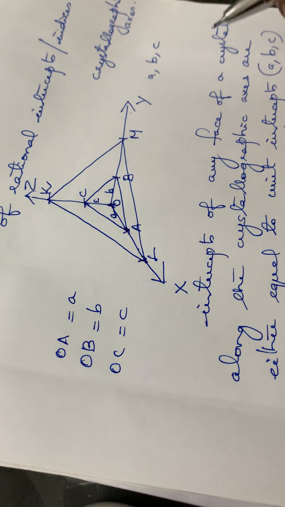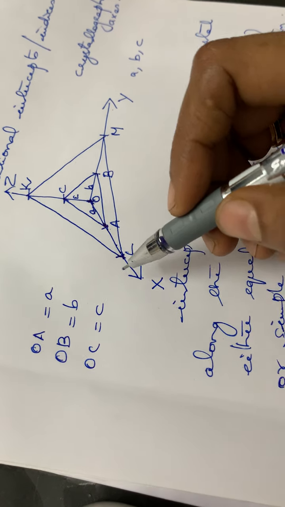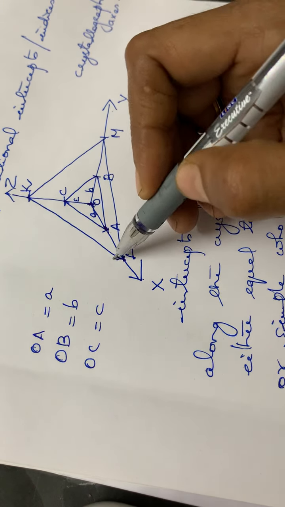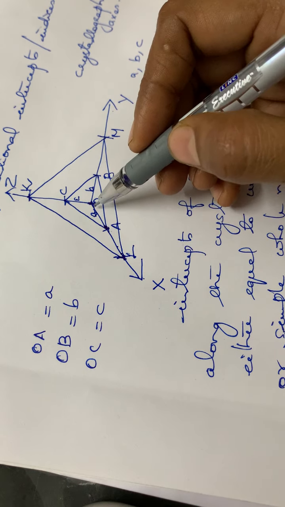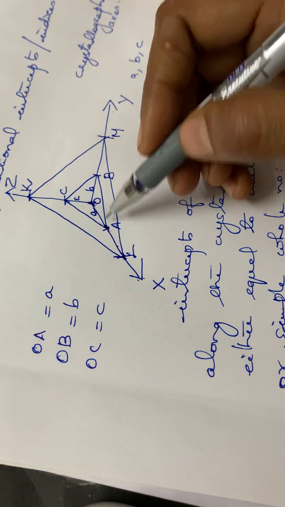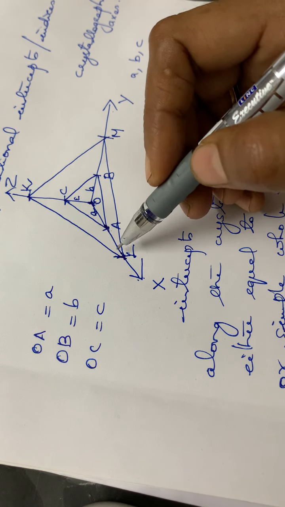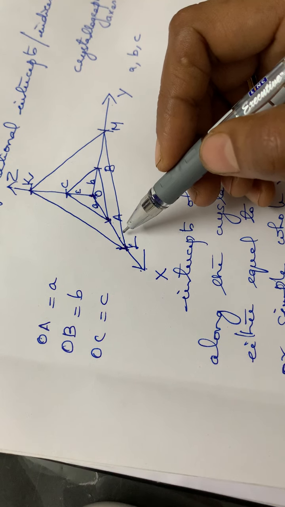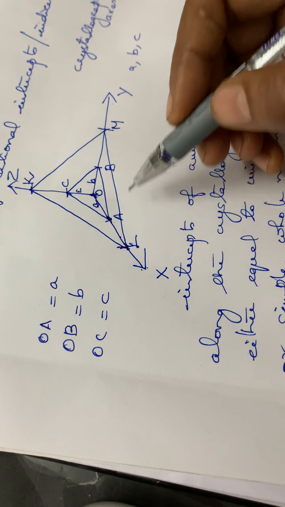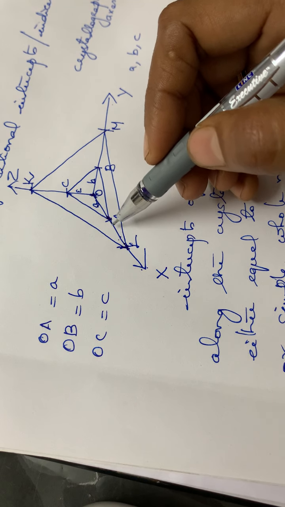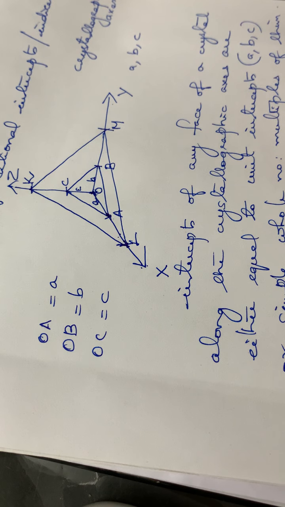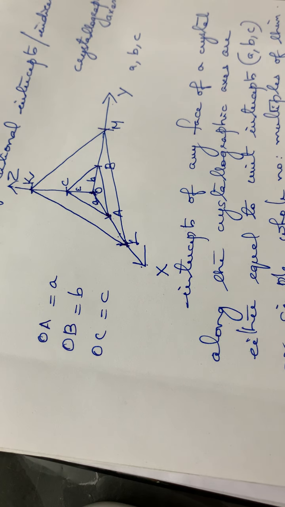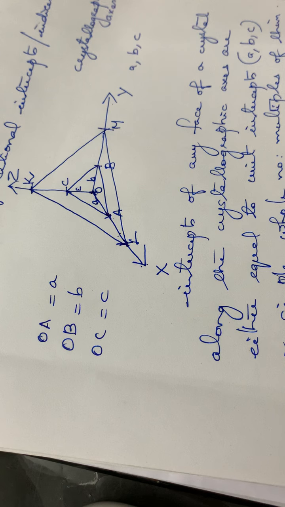So according to this law, the intercept of any face, that is at K, L and M, on the same three axes will be simple whole number multiples of a, b and c. So we can write it as, let it be 2a, 2b, 2c, like that if it is a simple whole number multiple. So that is the law of rational indices, and it is very important. Hope you are clear with this Haüy's law.